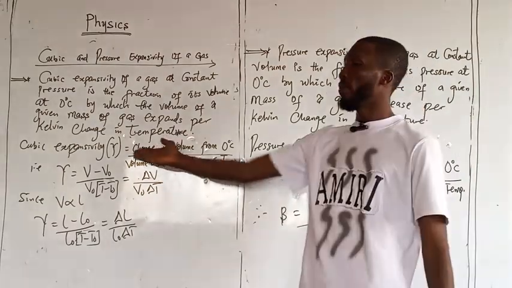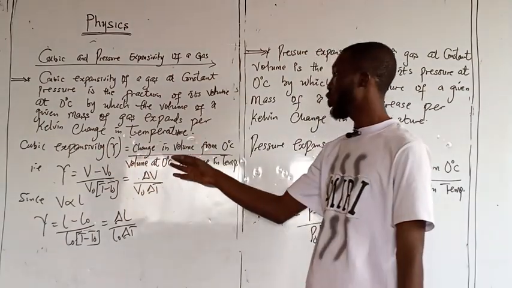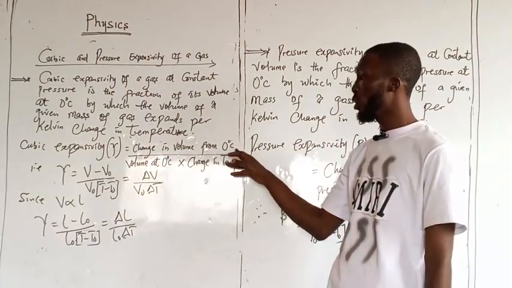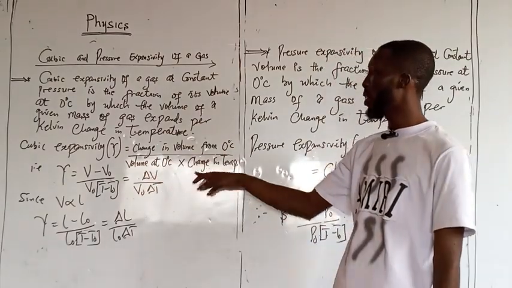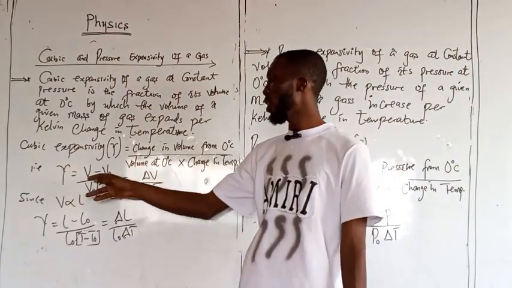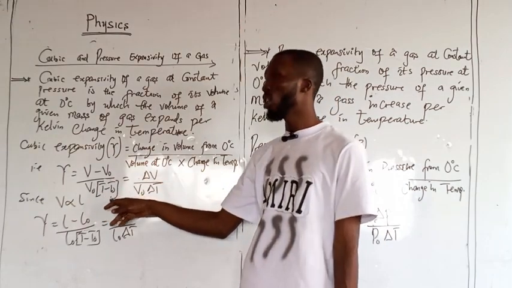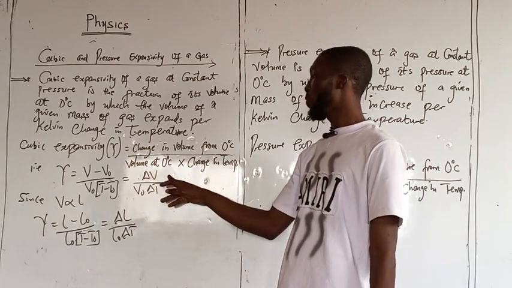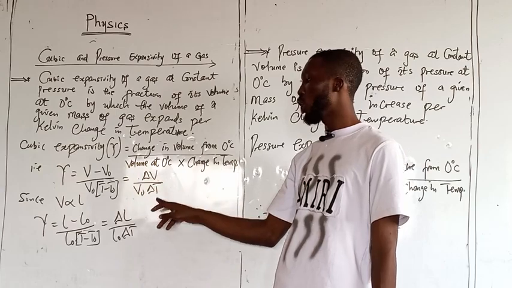So mathematically, what we are saying is that gamma, our cubic expansivity, is equal to change in volume from 0 degrees Celsius divided by volume of the gas at 0 degrees Celsius multiplied by the change in temperature. So alphabetically, gamma equals (V minus V naught) all over V naught times (T minus T naught), which means that change in volume divided by the original volume multiplied by the change in temperature.